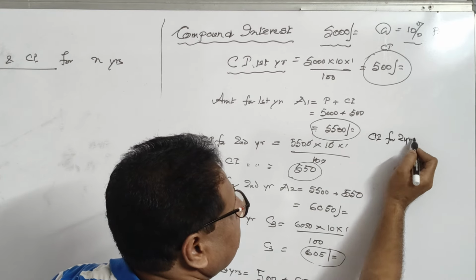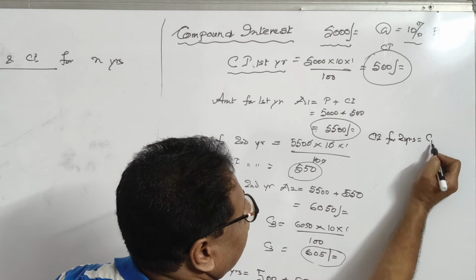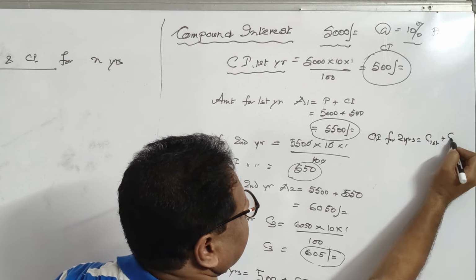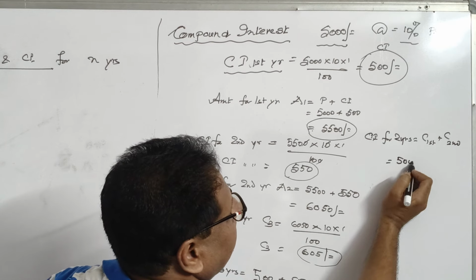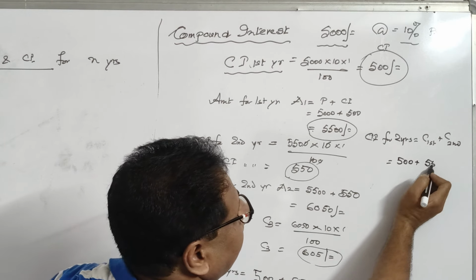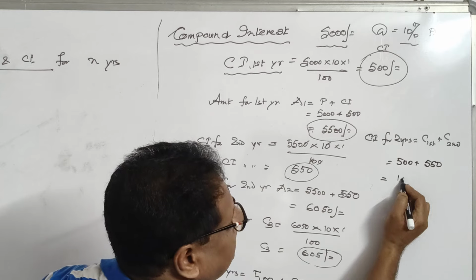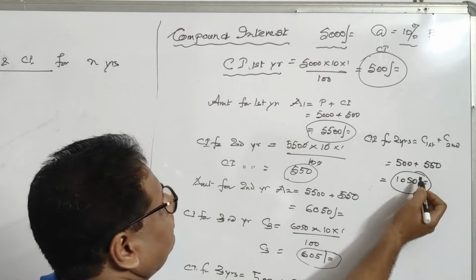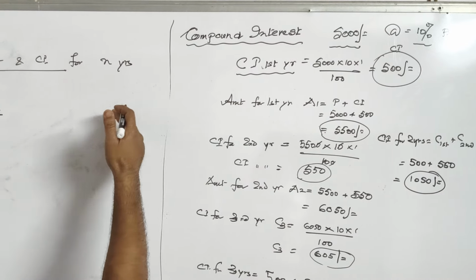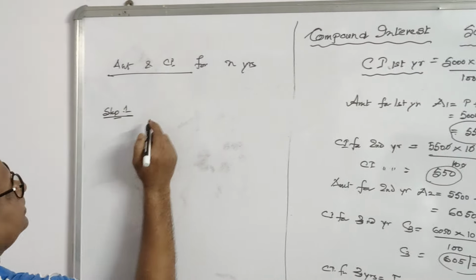So the CI for 2 years, this means CI for first year plus CI for second year, okay? So this comes to 500 plus 550. That amounts to 1050, right? So the same result we are going to get using the formula. Now look at this.